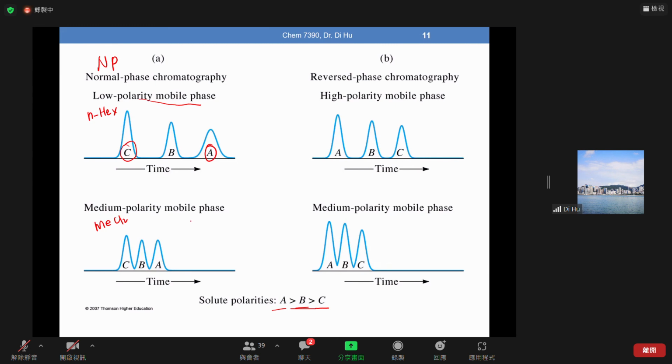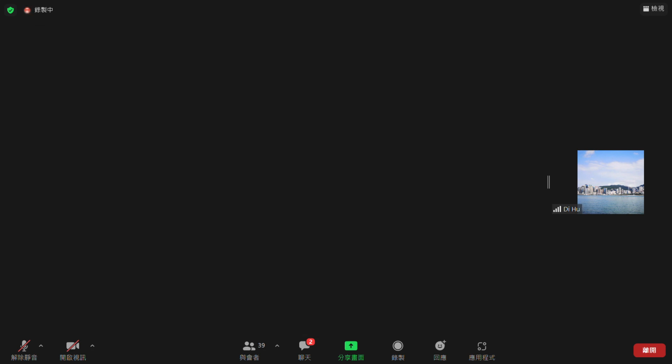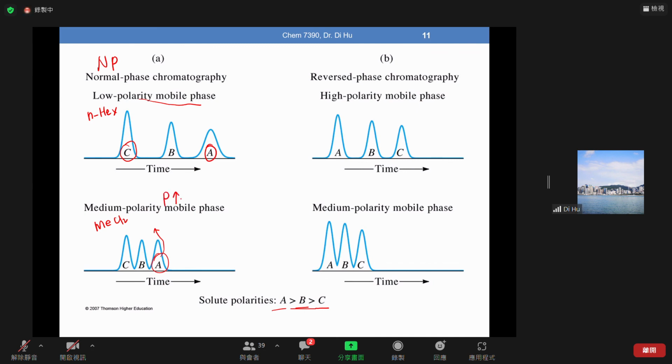That makes A more soluble in the mobile phase, so it comes out faster. So when solvent polarity increases, how about the K value? Increase or decrease? The K value decreases, right?